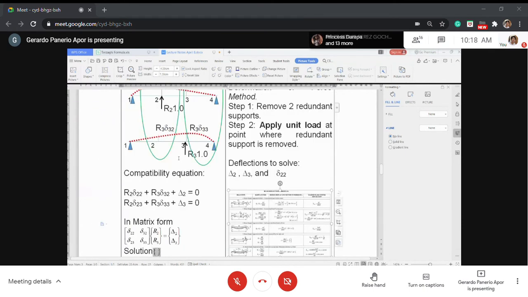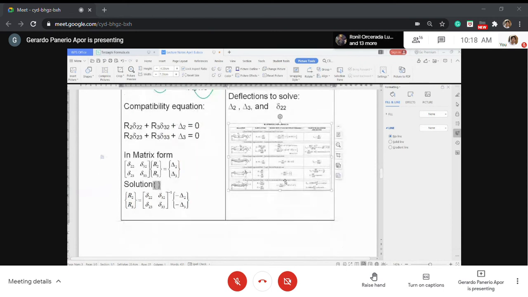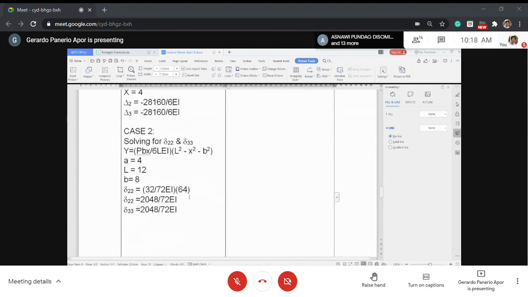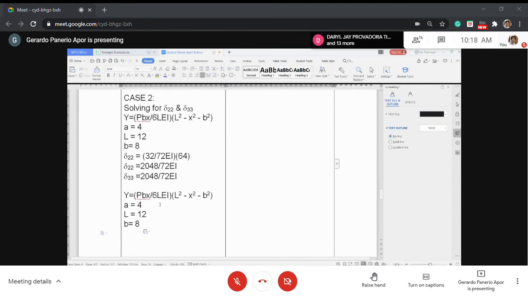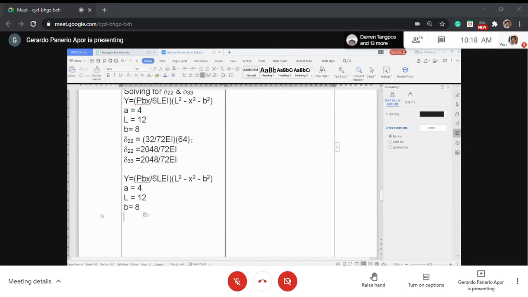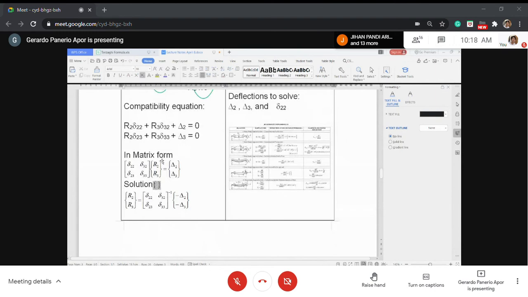So delta 32 is when A is larger than X. When A is larger than X, we can still use the same equation. But here, this will become sigma total.